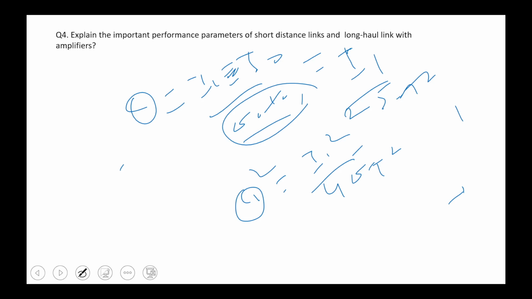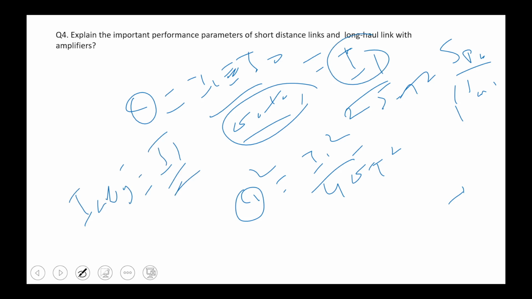Since SNR is related to the average power of the signal and the average power of the noise, we can write the high state current in terms of the average: the average of I1 is I1 by 2. So in place of I1 we replace it with I average.